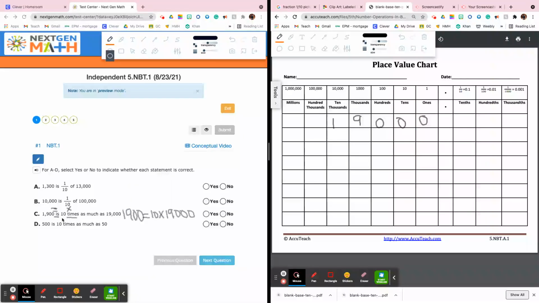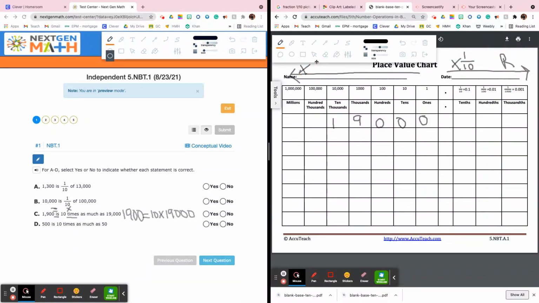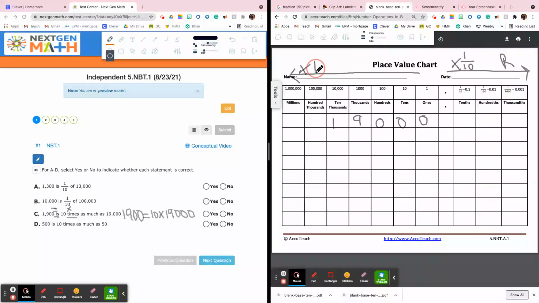It's stating that we're multiplying times 10. And if we look at our chart, we mentioned that if I multiply by 1 over 10, my number will move one space to the right. But if I multiply by 10, my numbers will move one space to the left.